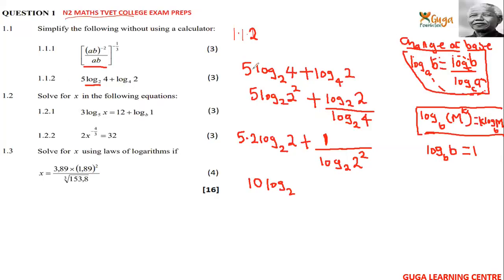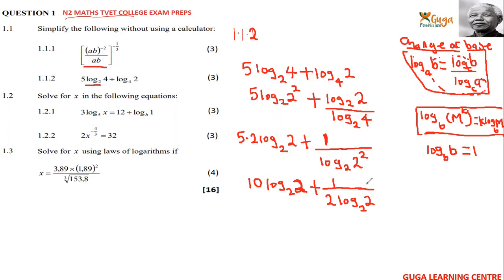Sorry about that, my pen was acting up. So 10 log base 2 of 2 plus 1 over here. Power down is going to be 2, so 2 log base 2 of 2.